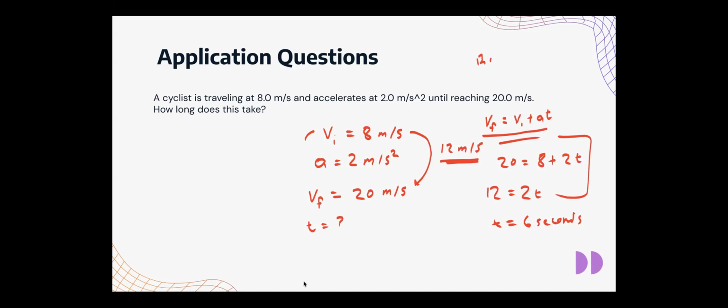If Bob starts from rest and wants to go 20 meters per second, we need to find out how long he's accelerating for, correct? So let's say he needs to accelerate from 0 to 20 in 10 seconds. That means he has to constantly accelerate at 2 meters per second squared to reach that, right?